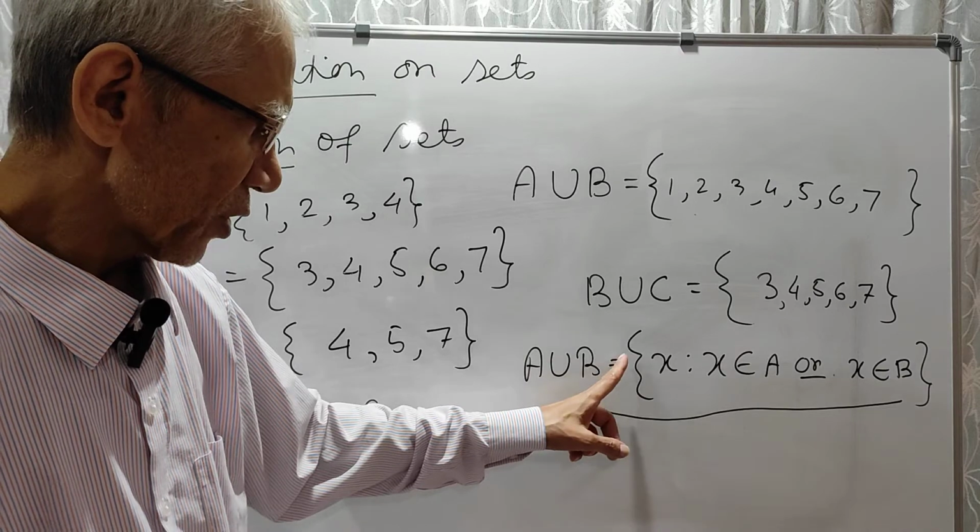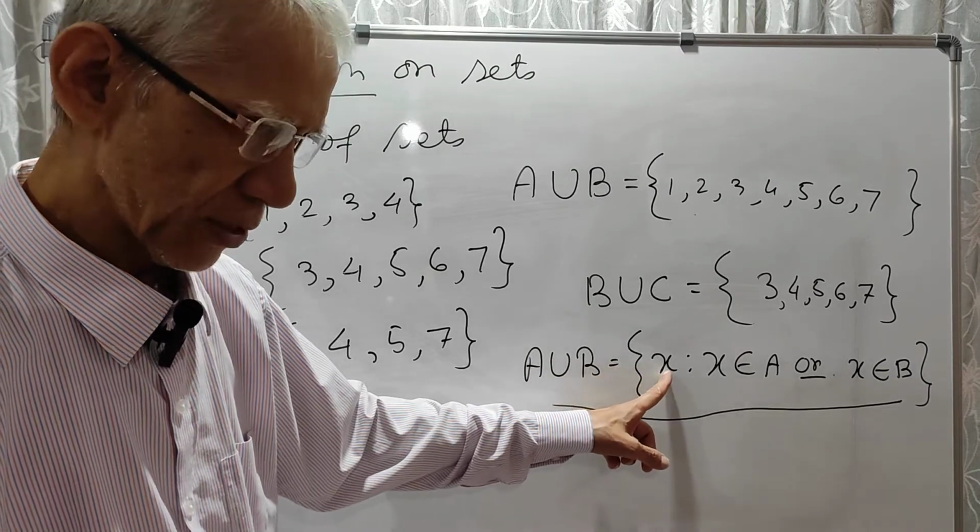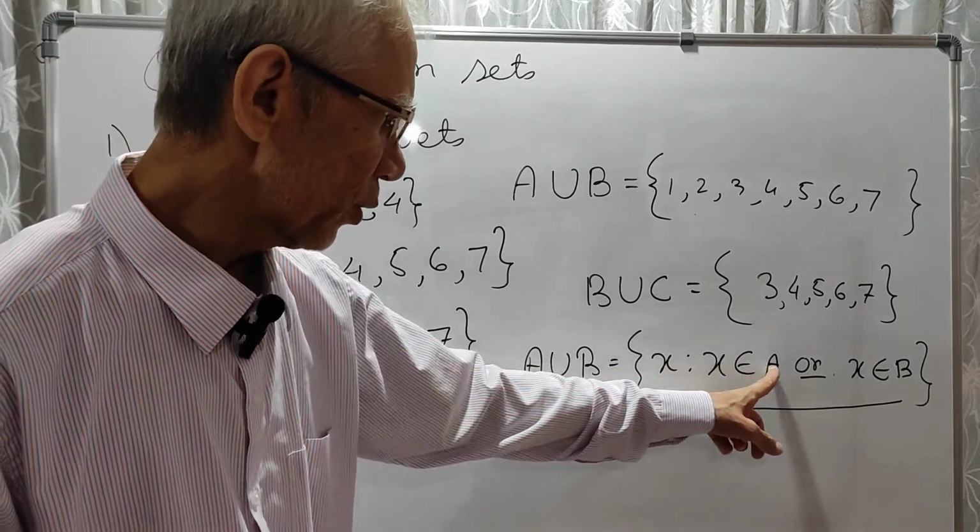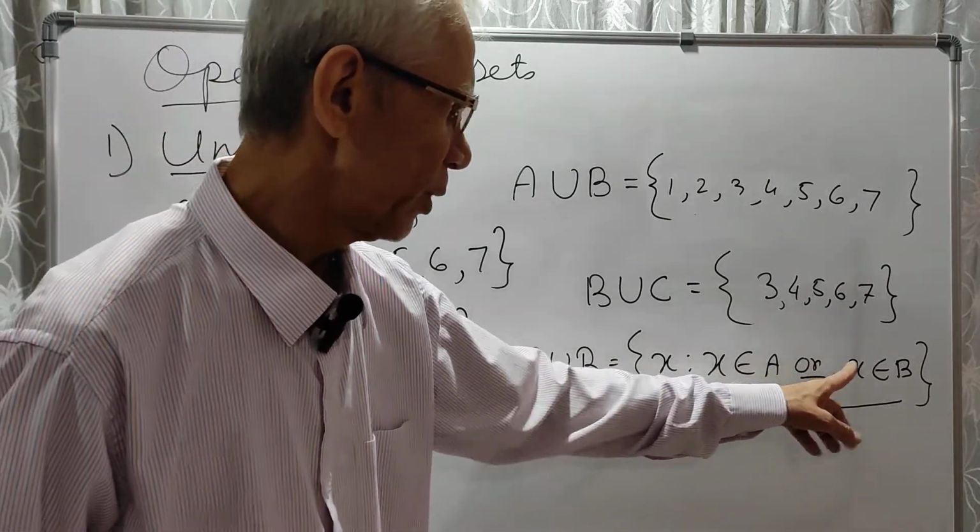A union B is a set of X such that X belongs to A or X belongs to B.